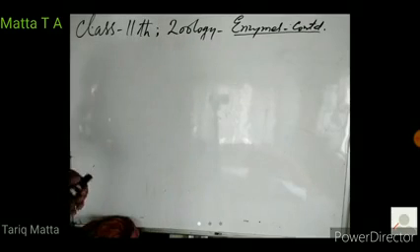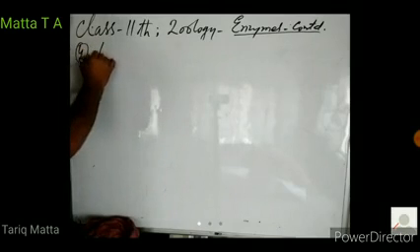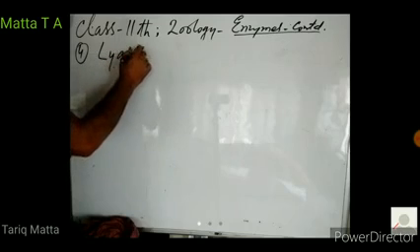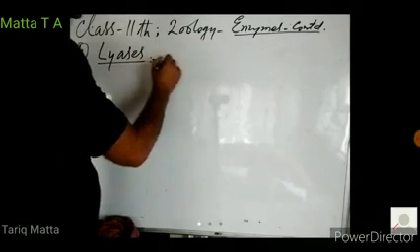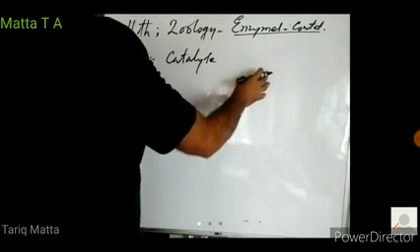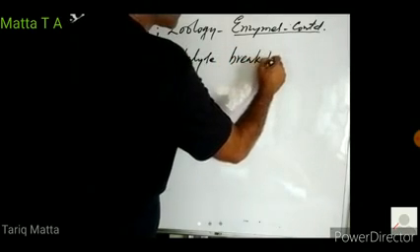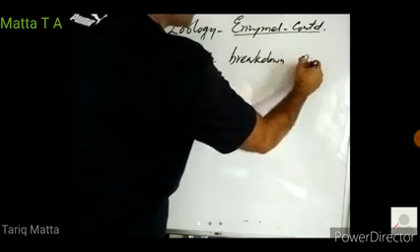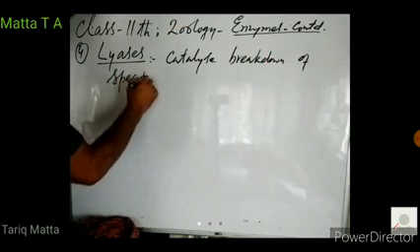Then there is another class of enzymes that is known as lyases. Fourth class. Lyases are the enzymes which catalyze the breakdown of specific covalent bonds.